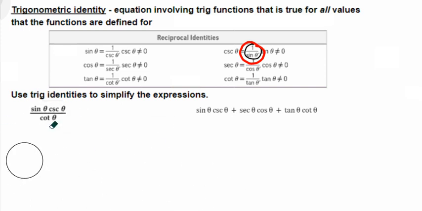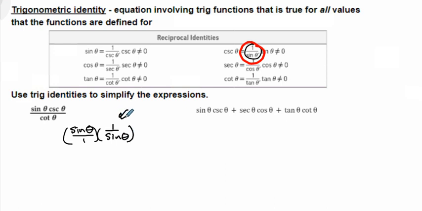All right, and so for this one, the way this is going to work is we're going to do sine times cosecant, so we're going to change one of them. I'm going to put this sine of theta over 1, and I always like to write things in terms of sines and cosines. So I'm going to write cosecant as 1 over sine. So this is the one that I changed, all right?